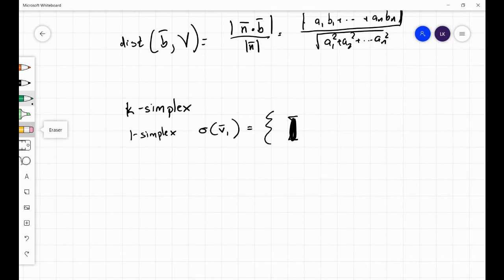So it's all, let's call it, alpha times v1, where alpha is a number between 0 and 1.